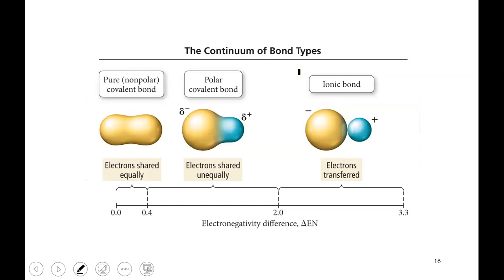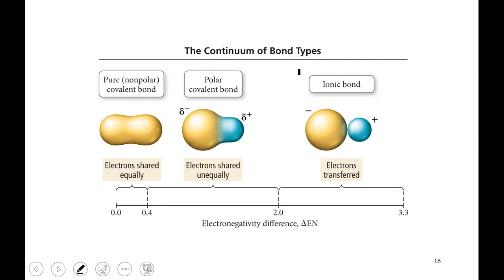And all we're saying is that somewhere in that spectrum, you have some scenarios that we're going to call ionic versus polar versus nonpolar, with the understanding that there's going to be some cases right in between. So it's more of a continuum of bond types as opposed to a rigid, one kind, second kind, third kind, and that's it. All right.